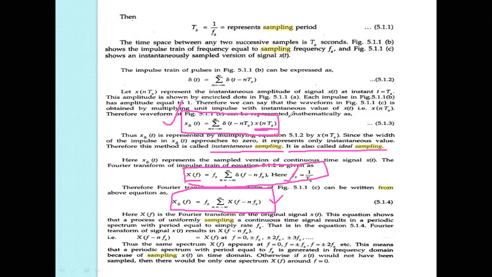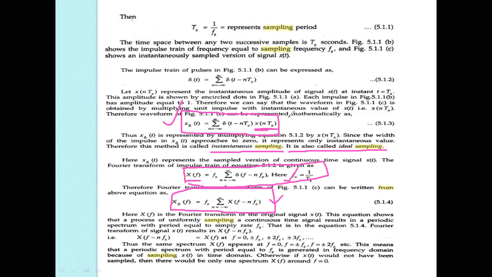What is a trigonometric Fourier series? There are three terms: one is a0, second is an, and the third is bn. Three terms of the trigonometric Fourier series.